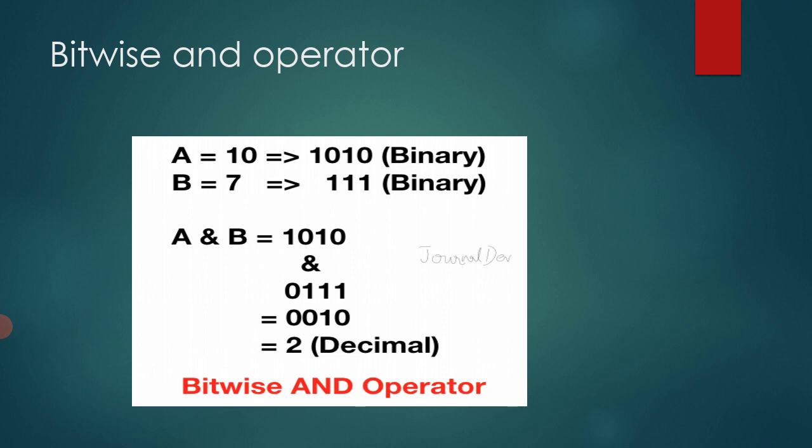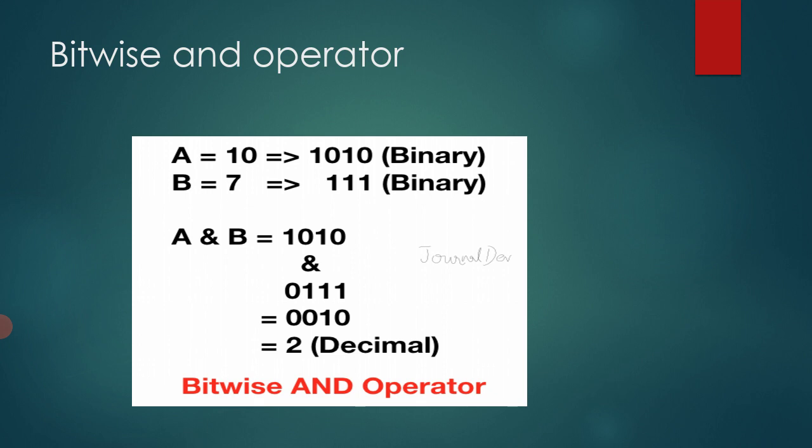The third bit is 0, and in the second expression the third bit is 1. So 0 and 1 will generate 0. Now let's move to the fourth bit, the leftmost bit. In both expressions the leftmost bits are 1 and 0, so you will get the answer 0.